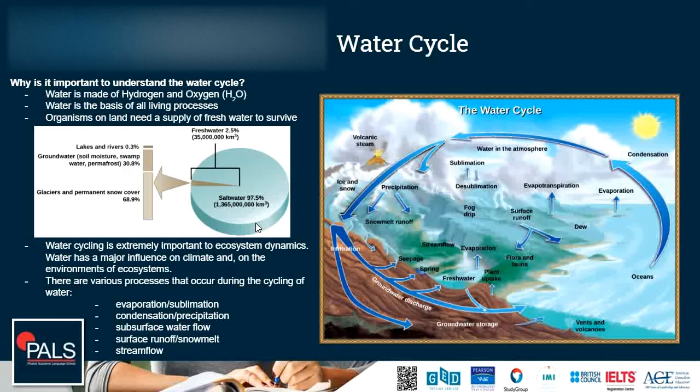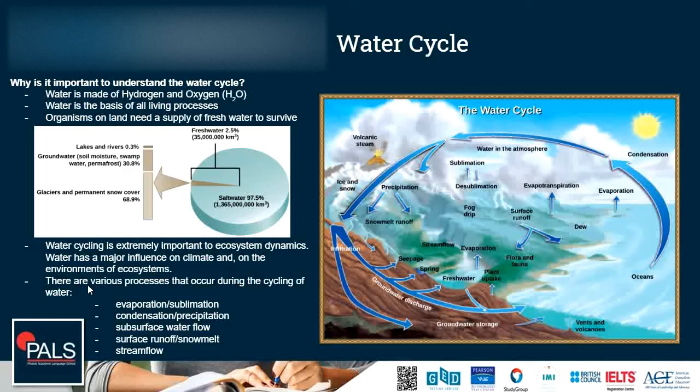All these general types of ecosystems are usually based on two major factors: the annual temperature and temperature fluctuations in the region, and the amount of rainfall. So water plays a very crucial role in what kind of ecosystem we have. And there are various processes that occur during the cycling of water.